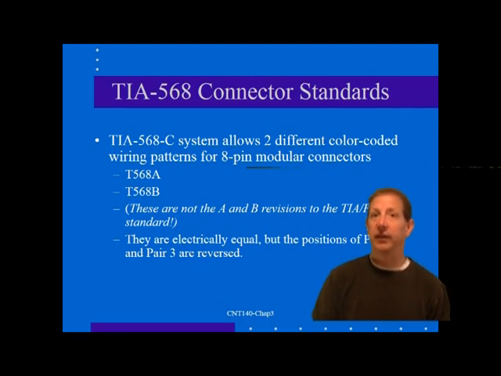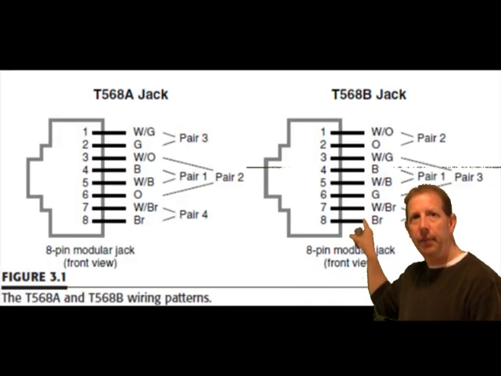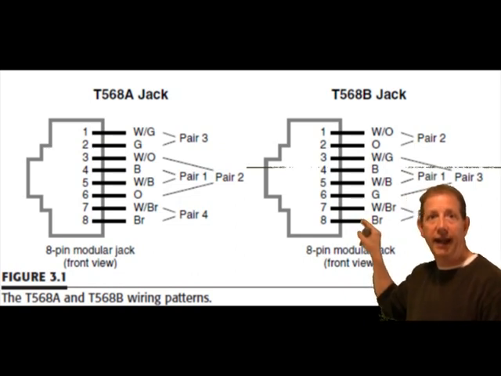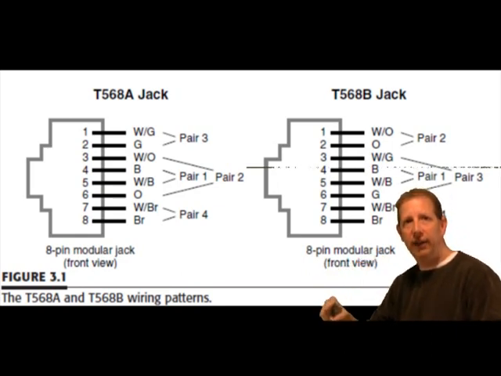The 568C system allows 2 different color-coded wiring patterns for the specified 8-pin modular connectors. As the figure here shows behind me, we have 2 patterns called the A and the B. Now these are not to be confused with the EIA-568AB standards.